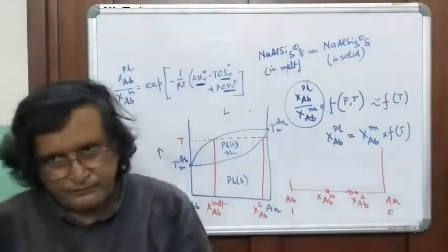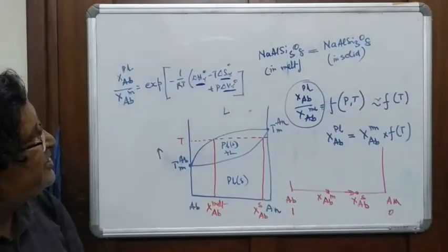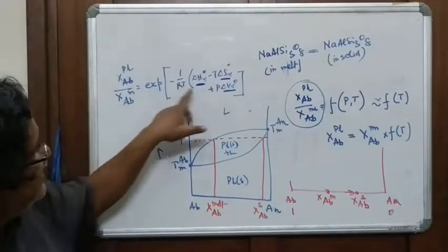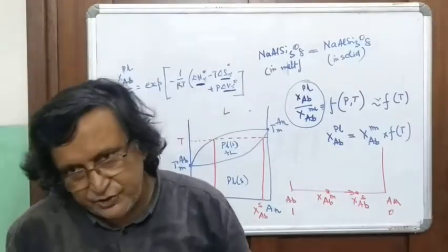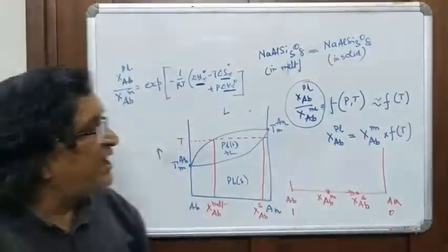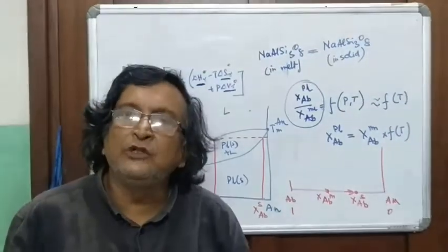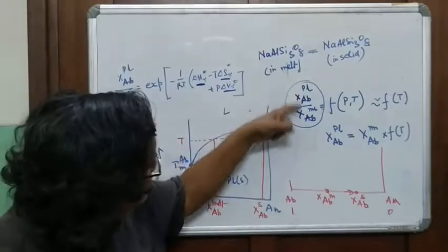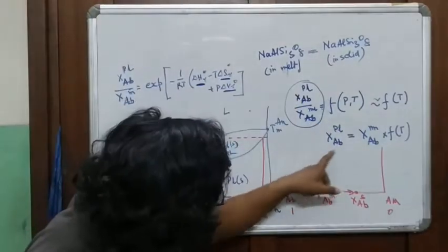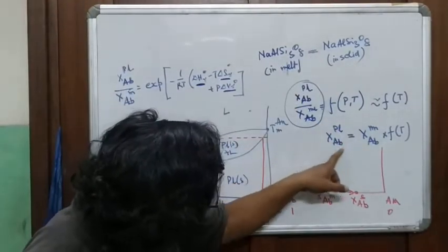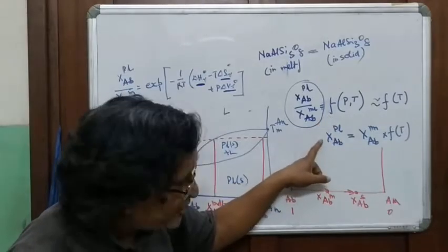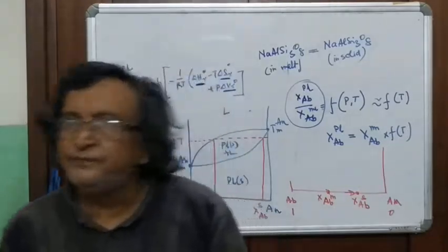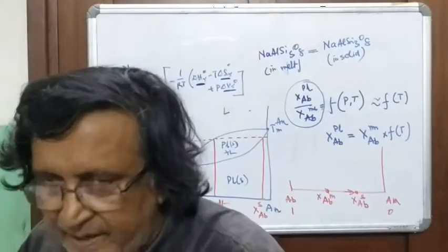Remember this. So there are a few things to remember from this derivation. That the ratio of these two is essentially a function of pressure and temperature. If we ignore the pressure effect, the ratio is a function of temperature. Also, the composition of the plagioclase will be a function of the composition of the melt and the temperature.